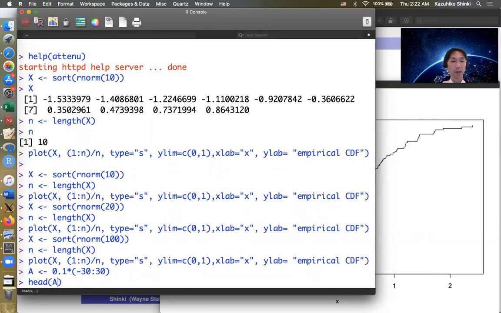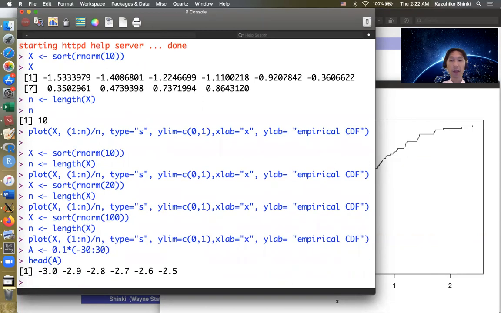So a is this sequence from negative 3 to positive 3. And we think about the cumulative distribution function, that is pnorm of a, which we define as b.